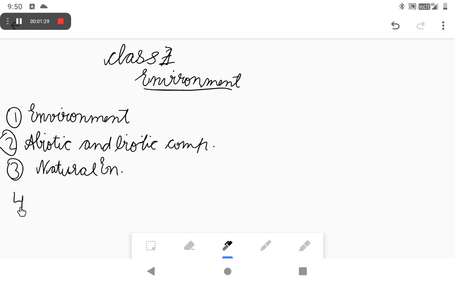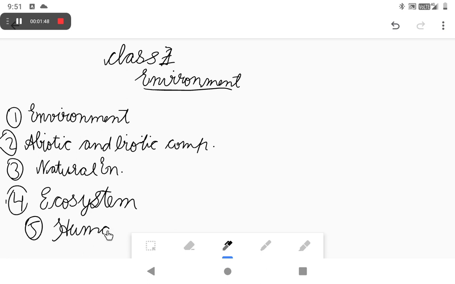The fourth is ecosystem. And the last, fifth, is the human environment. So these five topics are taken in this chapter, environment, of class 7.